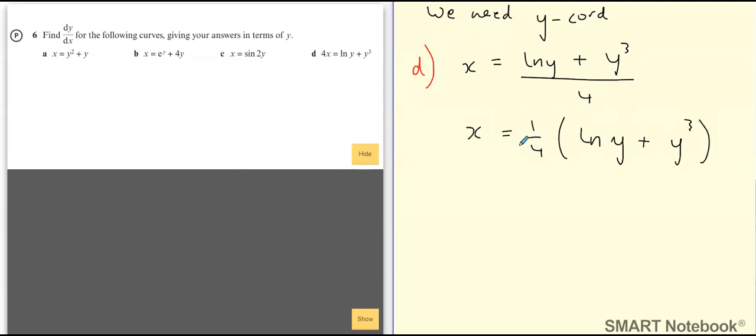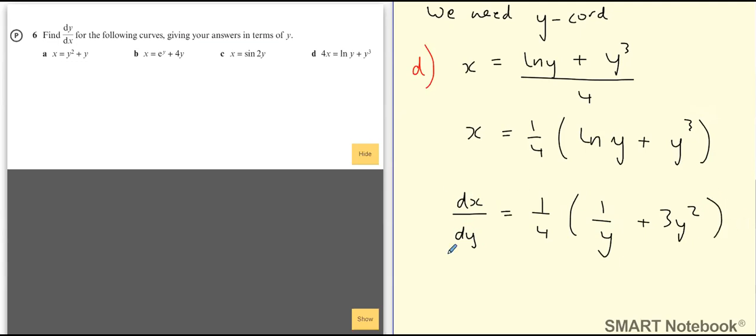Now, the benefit of writing it in the second way is that you can differentiate the bracket and just multiply, leave the constant factorized out. Okay, so now what I can say is dx by dy is a quarter. When I differentiate ln y, I get 1 over y. When I differentiate y cubed, I'm going to get 3y squared.